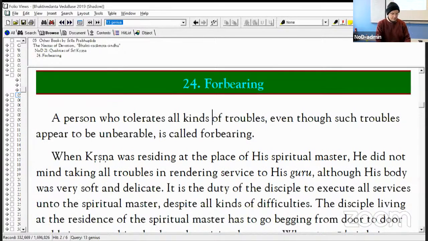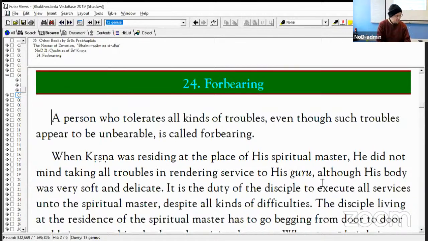Okay, Hare Krishna, let's continue. So 24. Forbearing, Prabhupada gives the definition here. A person who tolerates all kinds of troubles, even though such troubles appear to be unbearable, is called forbearing.